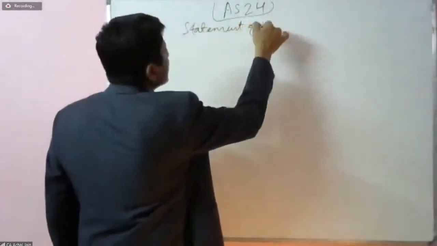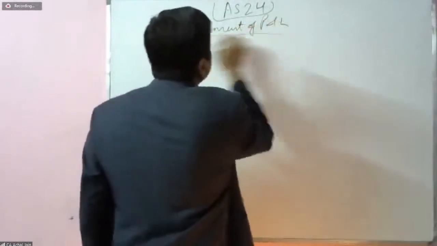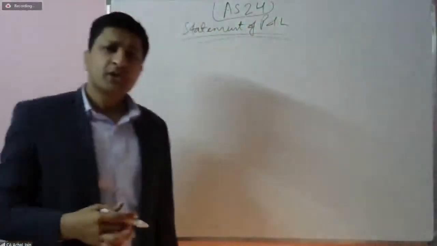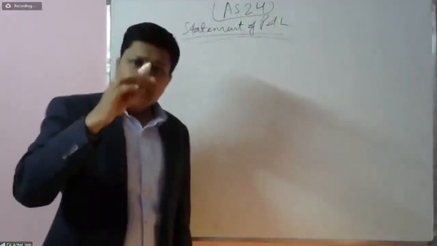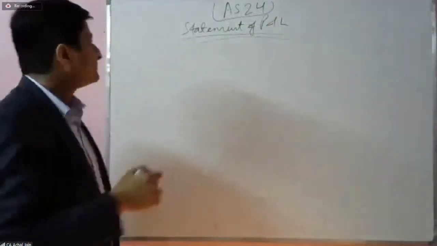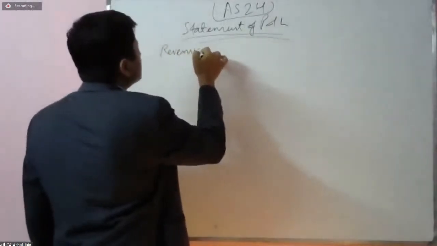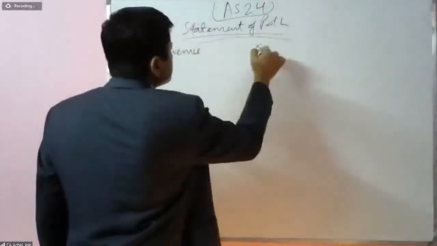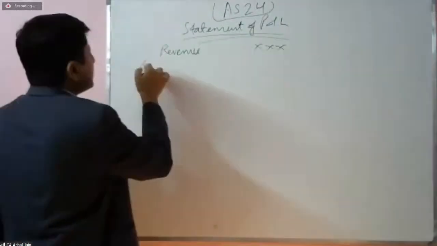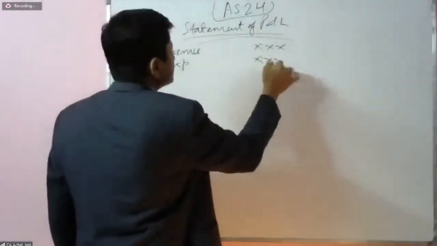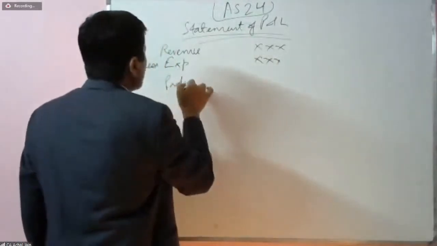When it comes to the statement of P&L, if you look at the financial statements of a company which has some discontinuing operation, generally this is how you will see the P&L. First of all, revenue is given, then the expenses, then the profit.